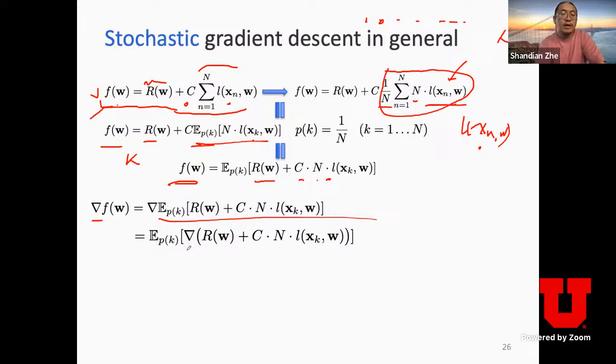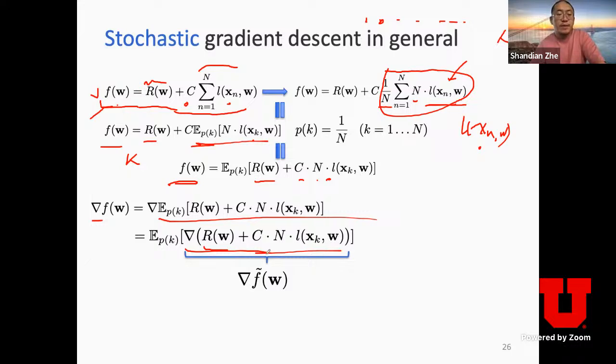That basically means you can first take the gradient of this R of W plus C times n times the loss over the selected point xk under W. Then you take the expectation over how you select those data points. So what's the benefit? The benefit is that we can just take one sample of this gradient.